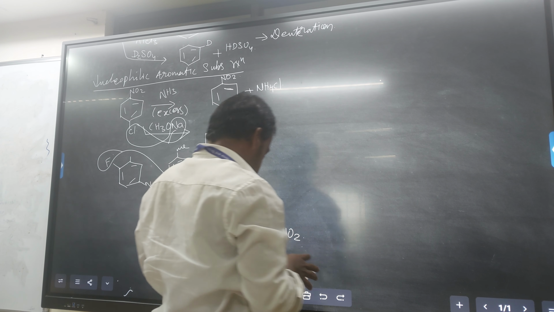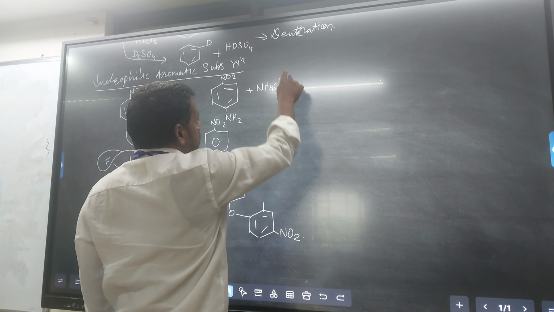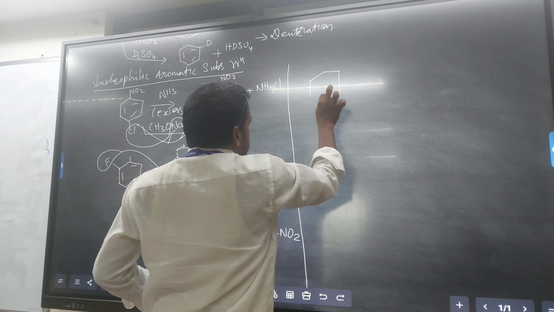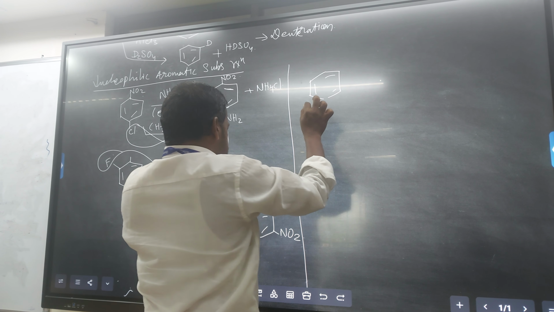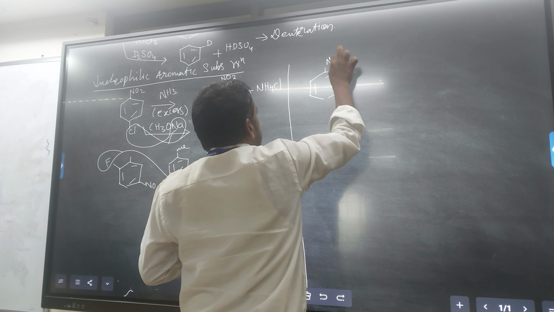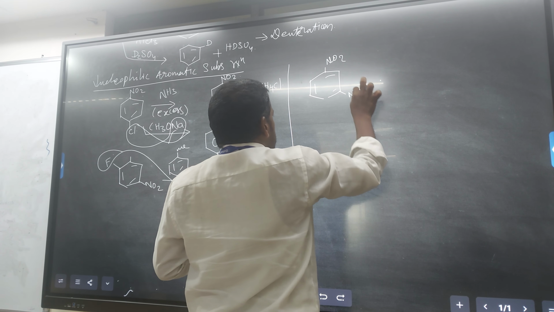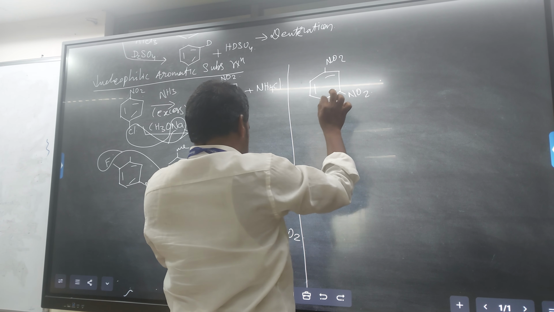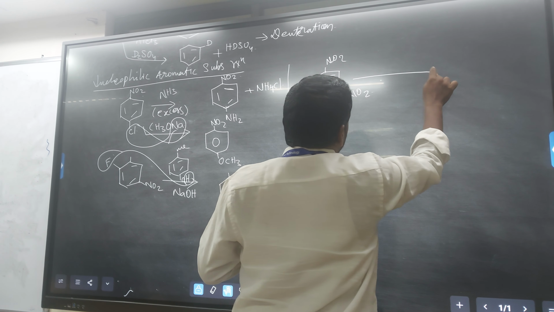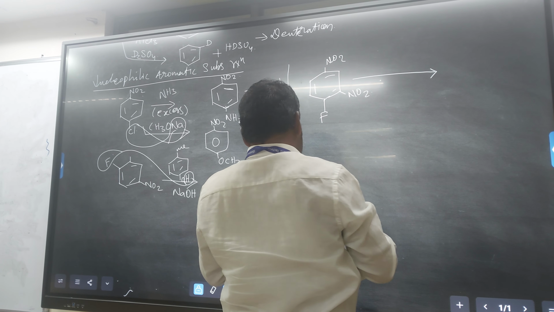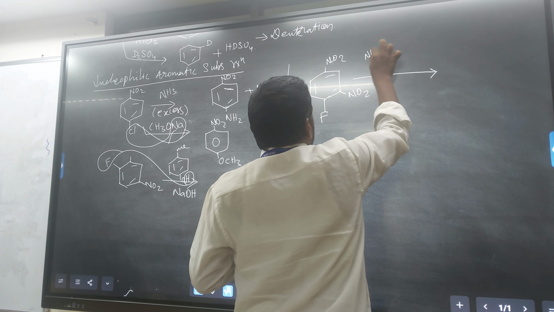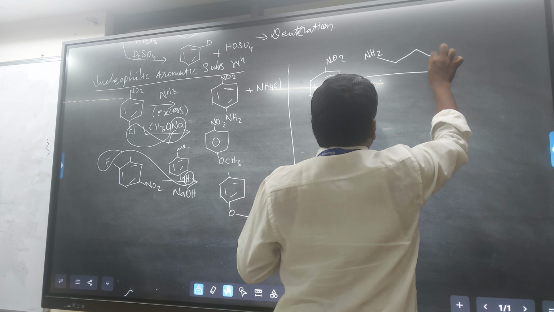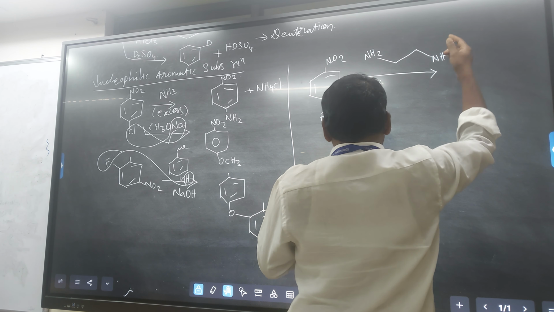Maybe this is a continuation only. So next, this is a different example. This is a meta-nitro compound. If you add that, here is the peptide group.